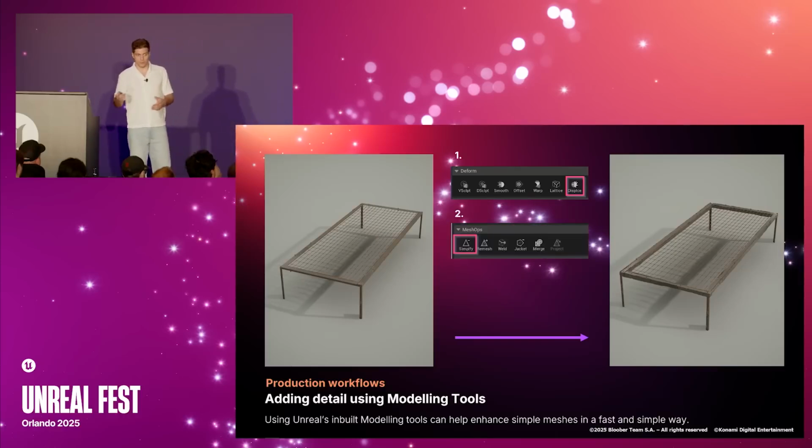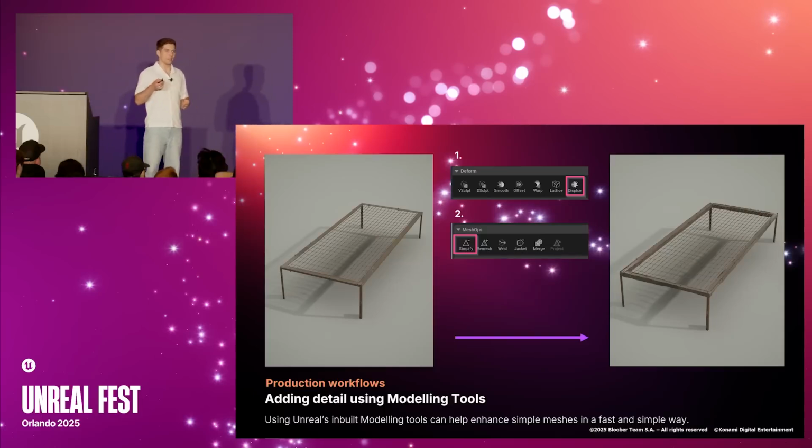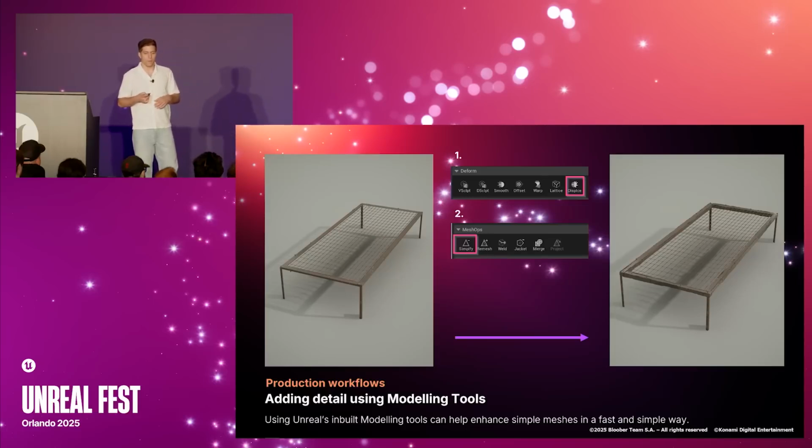Of course, with this comes more triangles, because the displacement modifier adds a little bit more division so we can displace things. But the other fantastic tool that you have in the modeling toolkit is Simplify, which works a lot like the Decimation Master in ZBrush.